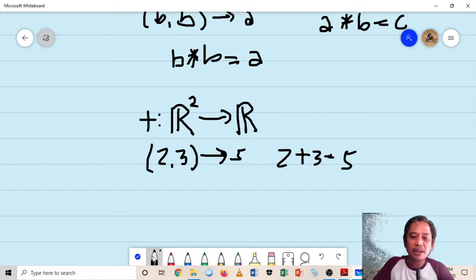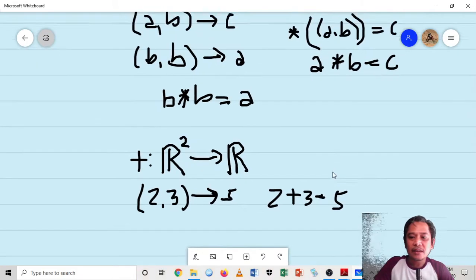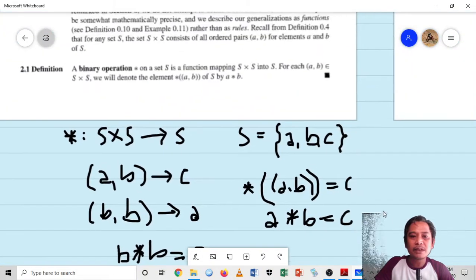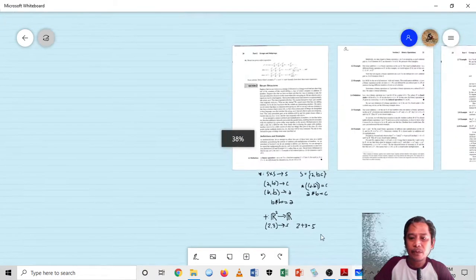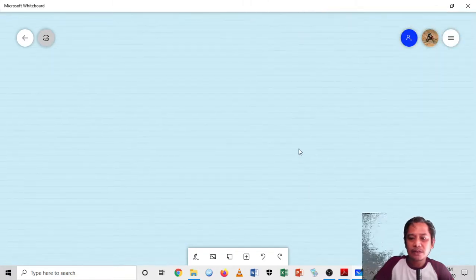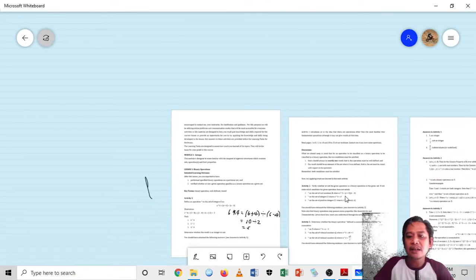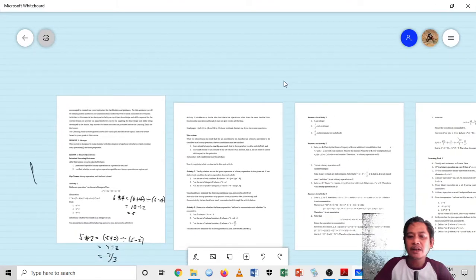So that is why we say that a binary operation should always be well defined. Such concept is highlighted in our learning packet.